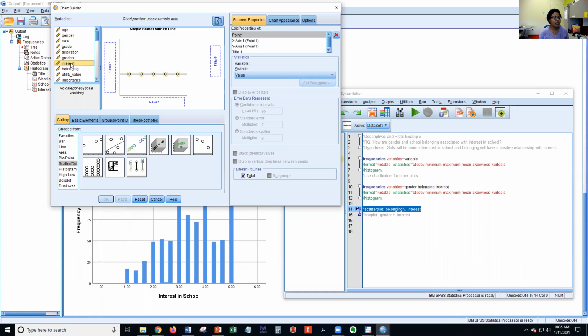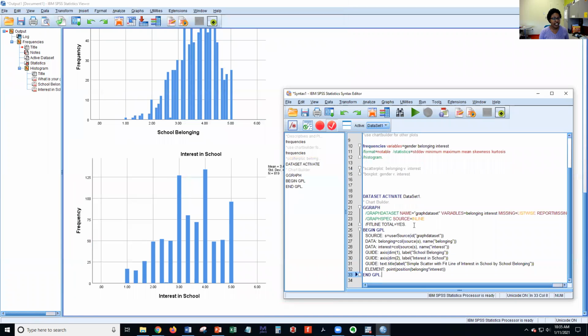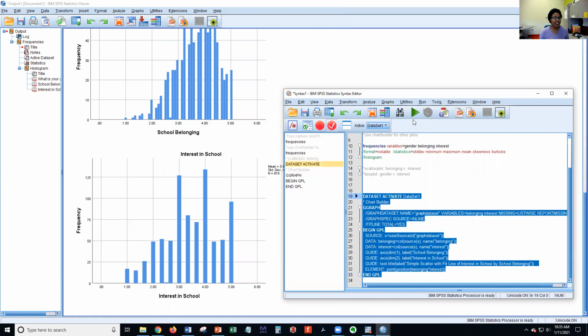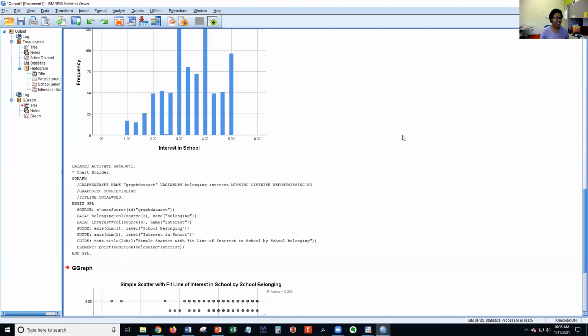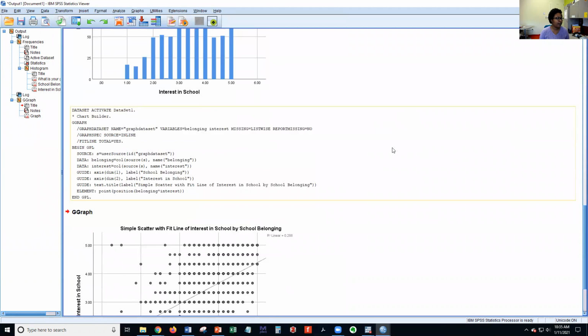Interest is our dependent variable, so it is going to go on the y-axis, and belonging is our independent variable. It goes on the x-axis. We click OK. You can also click paste if you want to save this for later. The chart builder syntax is a little intense looking, but if you want to save it for later and not have to click through the menus, then you can do that.